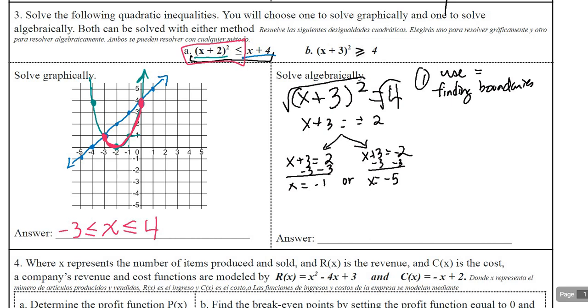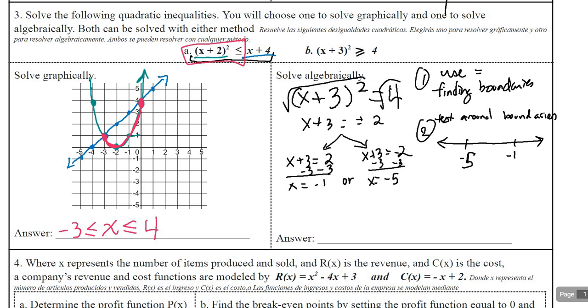That was step 1. Step 2, I'm going to plot my boundary points and test values on either side of them. So test around boundaries. So I have one boundary at x is -1 and another at x is -5.